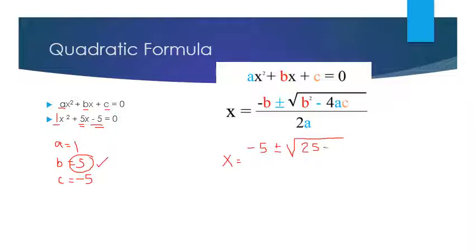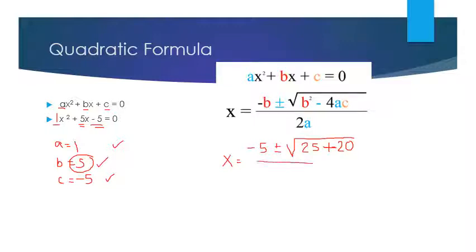Minus 4 times a times c. Well, a is 1, c is negative 5. Together they make negative 5. And 4 times negative 5 is negative 20. So 25 minus negative 20 would be the same as 25 plus 20.